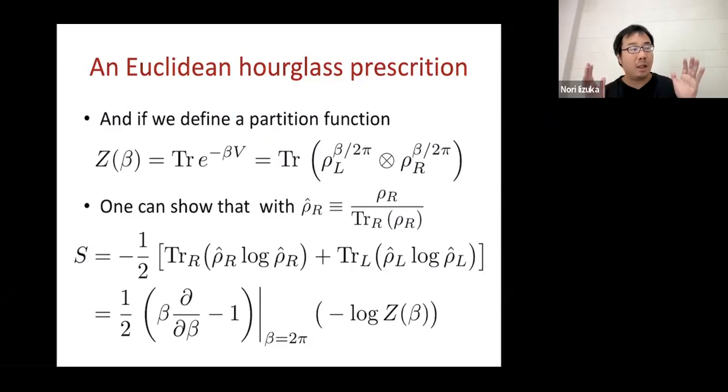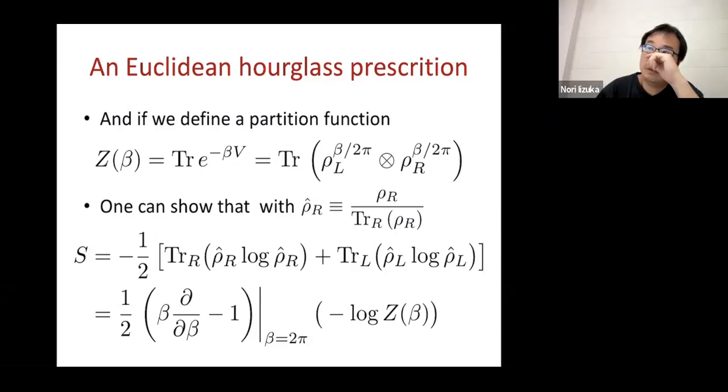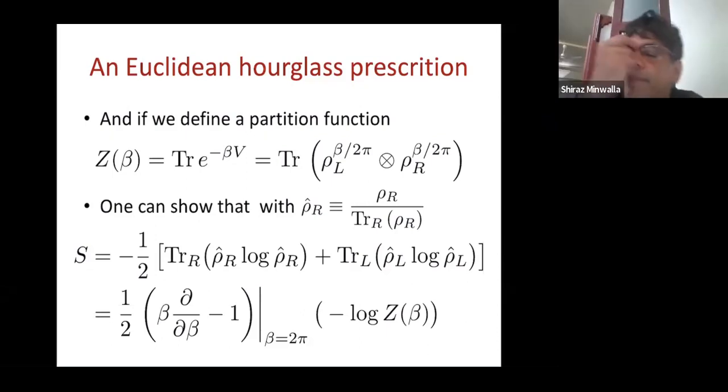But I just illustrate one simple example. Let's consider the... Quick question, Nori. In the eternal black hole, there's no Killing vector for which this is a charge, right? I mean, there's no bulk conserved charge for which this quantity is a partition function, is there?